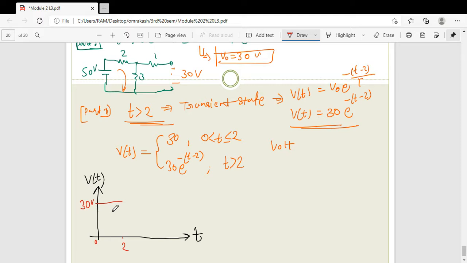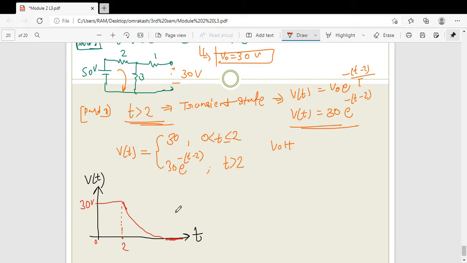Now after t equal to 2, switching operation happens, and in that switching operation you will get an exponentially decaying response. So draw the exponentially decaying response from t equal to 2. At some particular time instant, this transient response dies out, right?